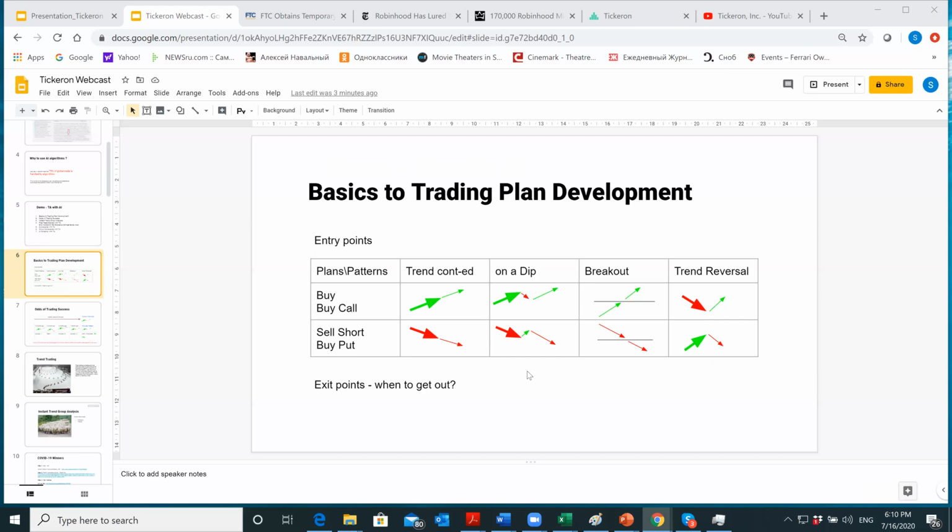So going back, you can see that it is an interesting, simple division into these different approaches, okay? And what is the difference with Tickeron versus any other website or software?